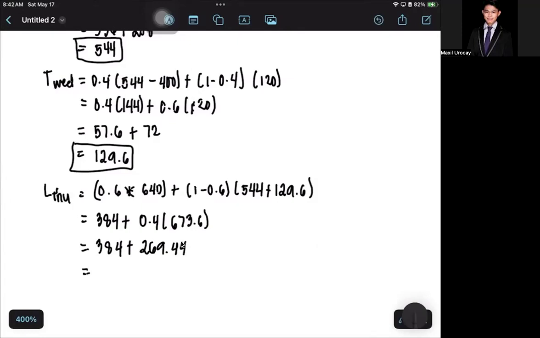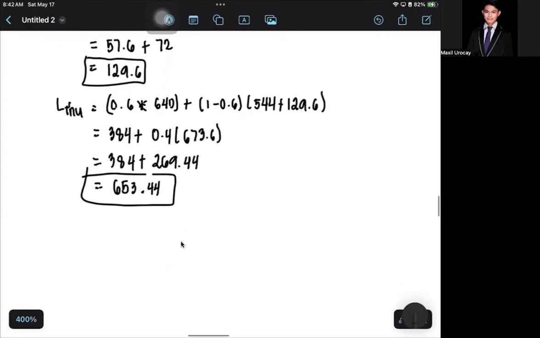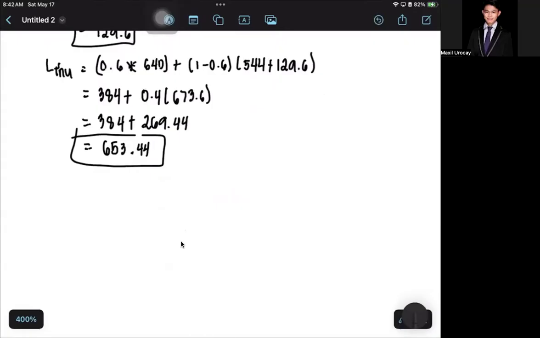Plus 384, it equates to 653.44. So this is the level of Thursday, and we'll proceed to the trend of Thursday.